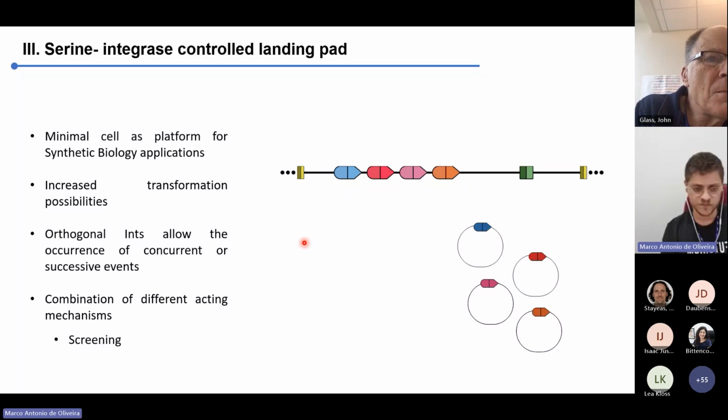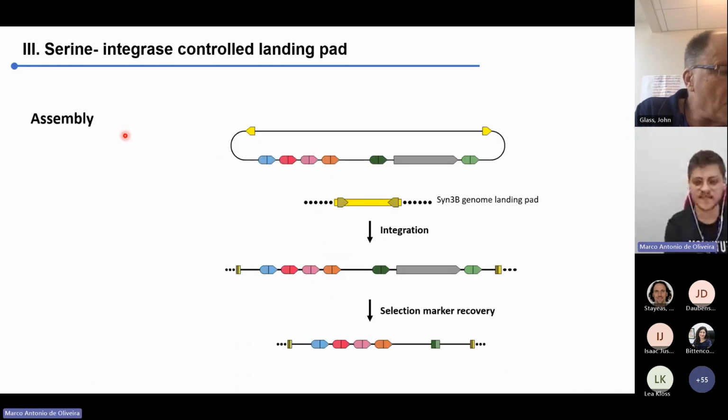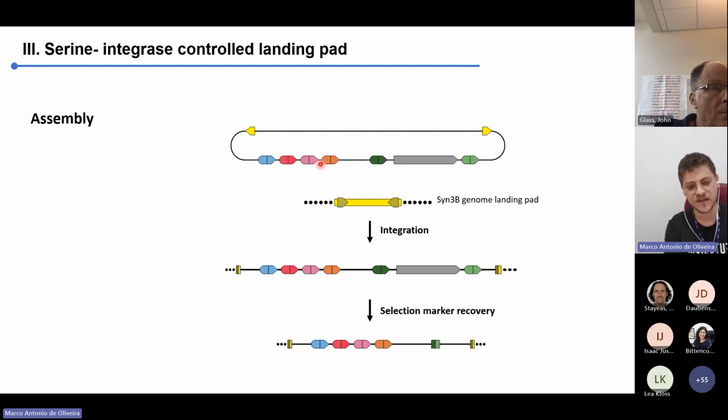The assembly of the proposed enhanced landing pad will start with 4 ATT P sites inserted in a plasmid that is able to integrate in the present landing pad using the Cre-lox system.